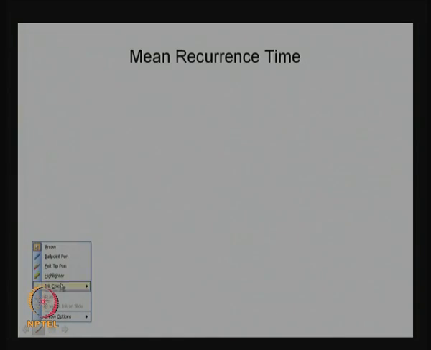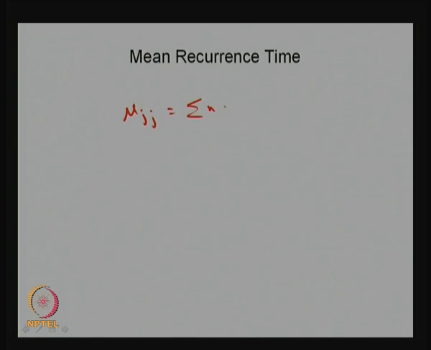Earlier we have given mu j j as the sum of n times f j j of n. By knowing f j j of n, you can find out the mean recurrence time for the state j.